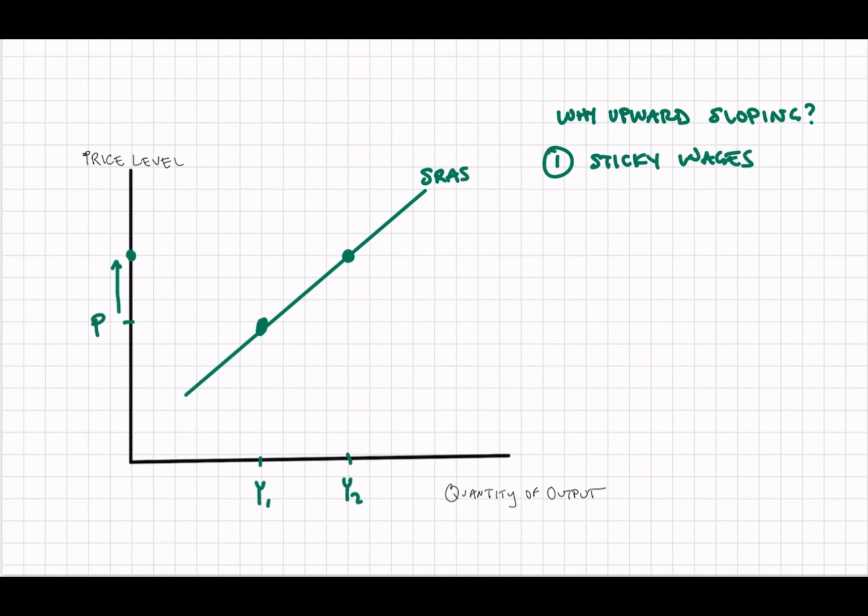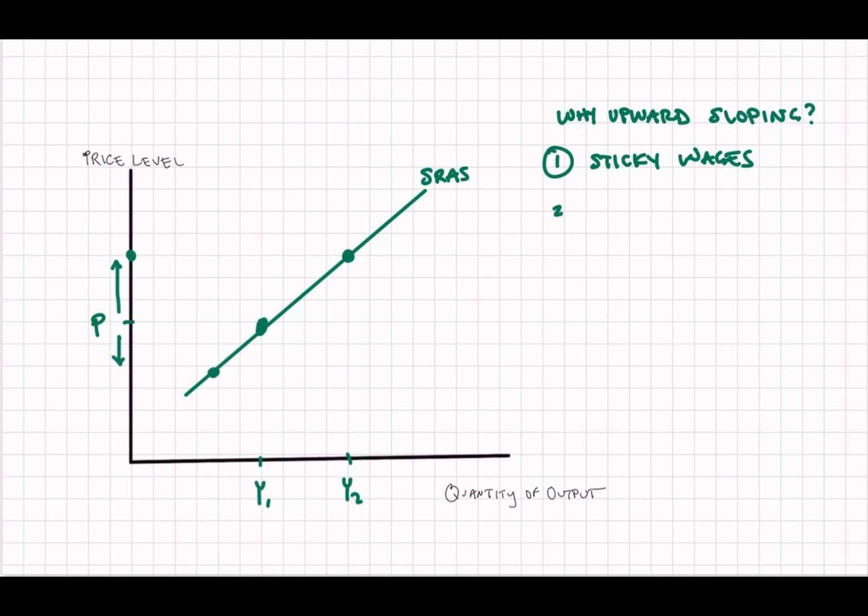If wages can't adjust in the short run, then changes in price level might lead to more production in the case that the price level increases, or if the price level decreased, then I have to pay my workers more money and therefore will reduce our production and hire fewer workers. So once again, we have that upward sloping short run aggregate supply curve.